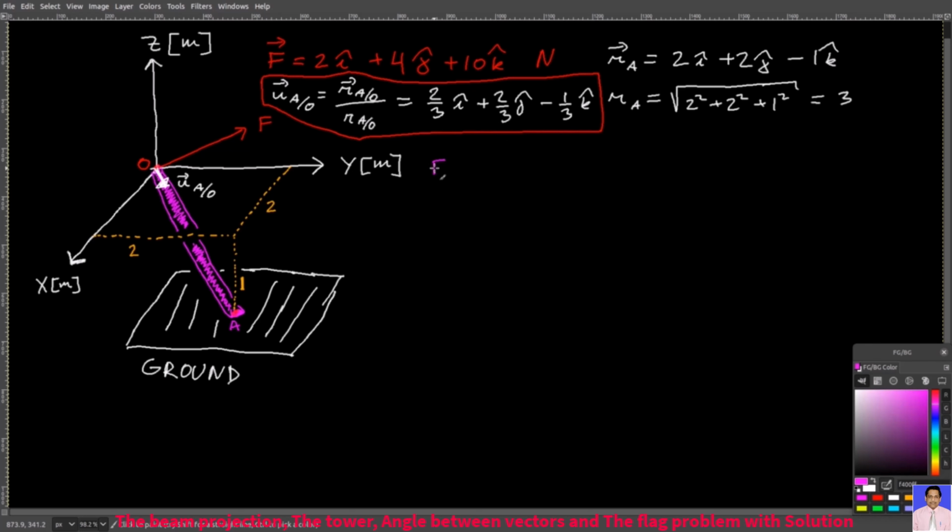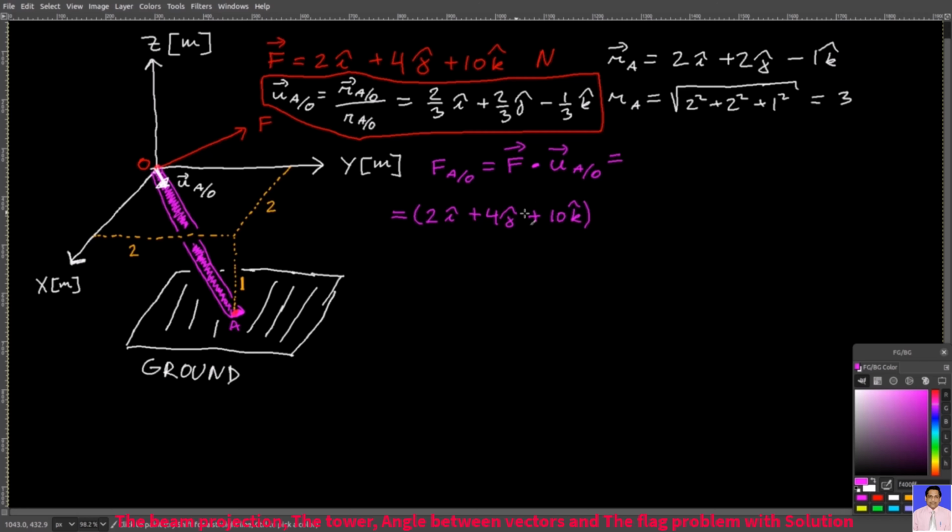And now the force vector in the A direction with respect to O equals F dot this general unit vector. And since the result of the dot product is a scalar, what you will get here is the magnitude of this force vector.